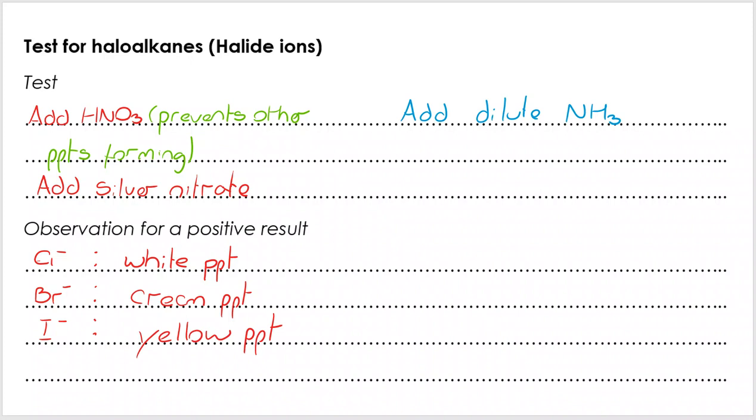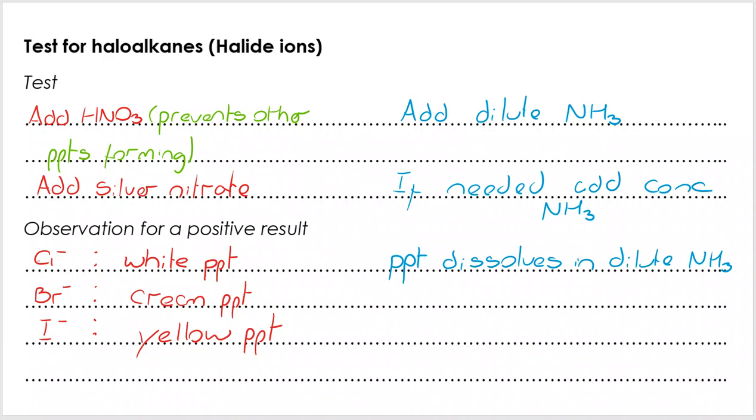We can add dilute ammonia to the precipitates that are formed. And if necessary, we go on to add concentrated ammonia. And the observations that we make are as follows. In the case of chloride ions, the white precipitate will redissolve when we add dilute ammonia. The other two, nothing will happen.